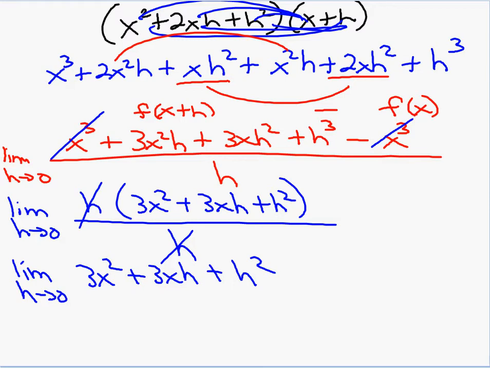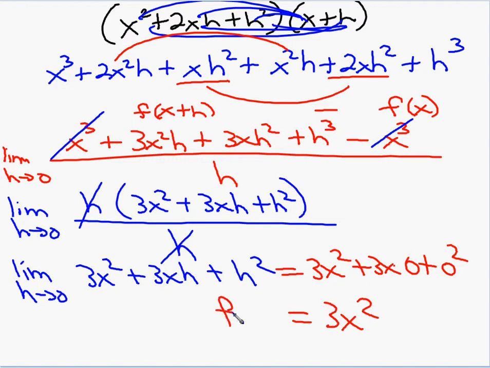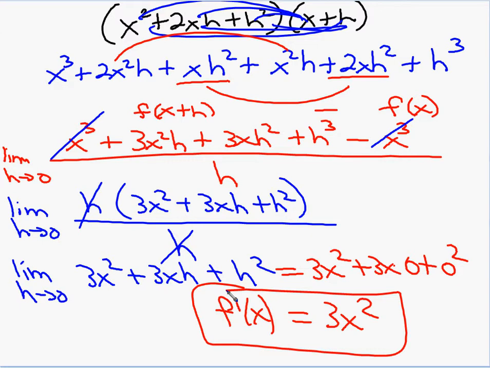I can plug in my 0, and that's going to give me 3x squared plus 3x times 0 plus 0 squared, which is just 3x squared. 3x squared is the derivative of x cubed. It is the general slope function. It will tell me the slope of the tangent line at a certain point.